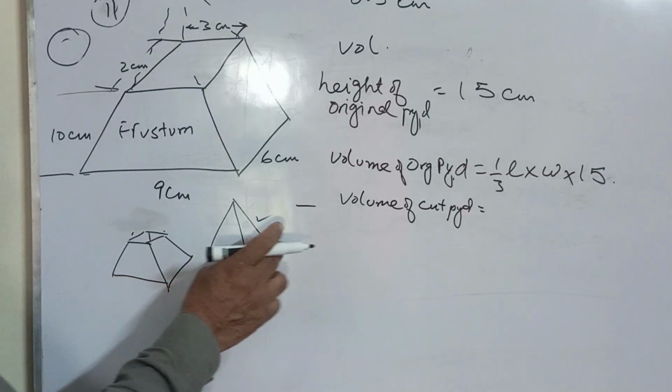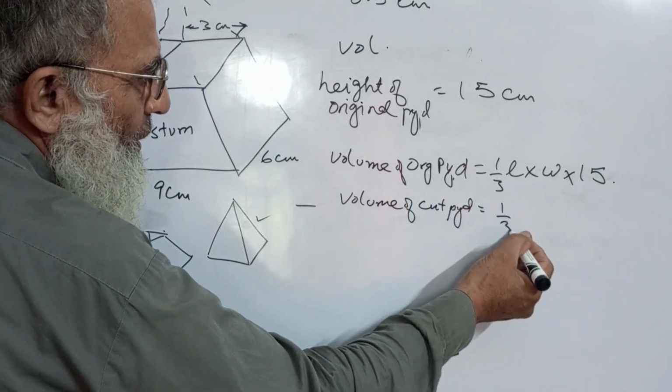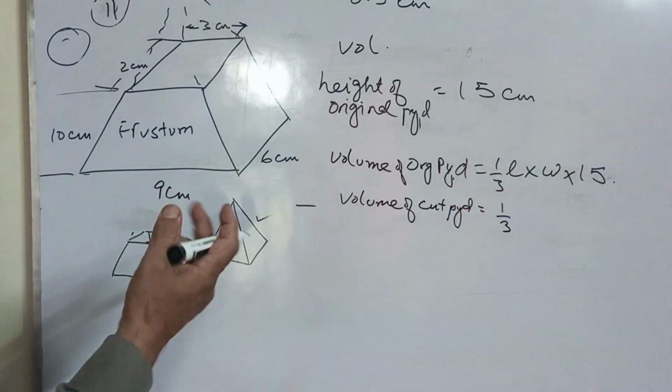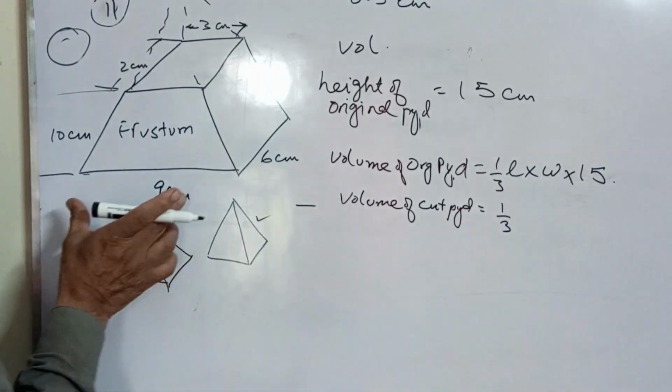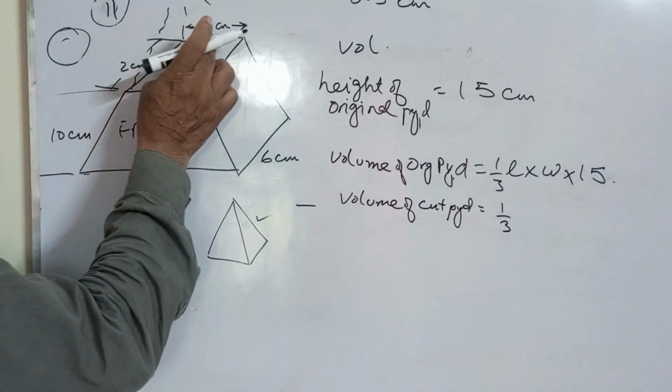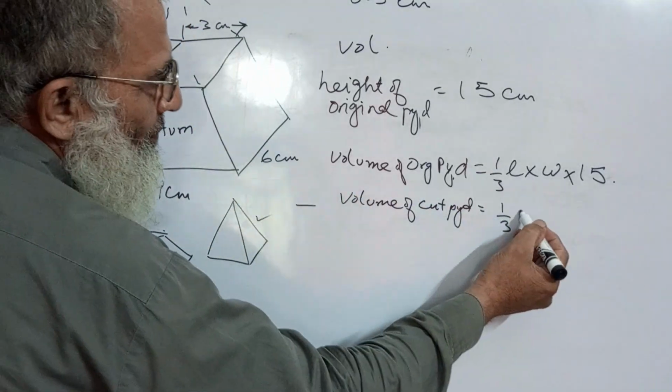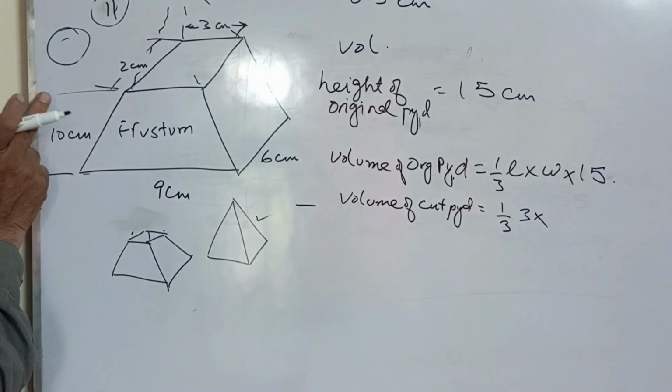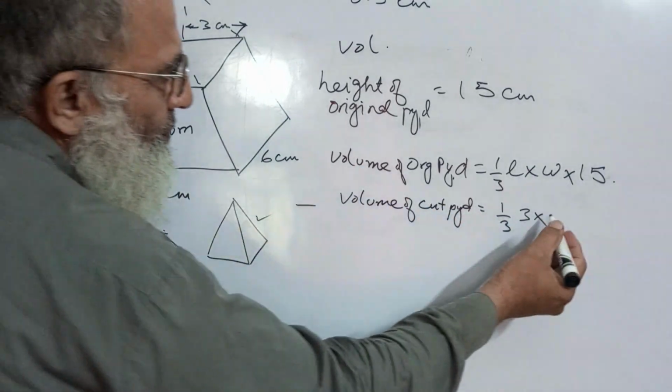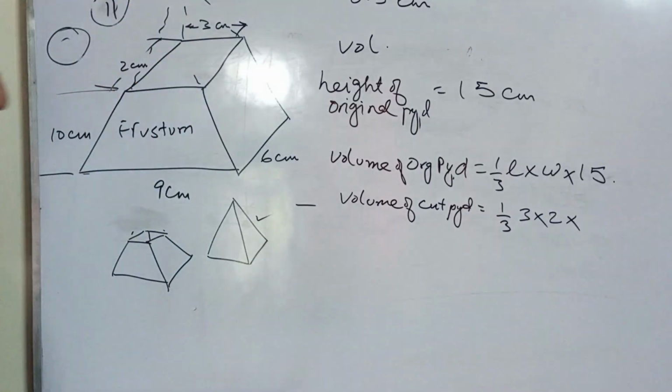Now what is its L, W, H? The formula for the volume is the same. L here has been decreased. L here is 3. W is 2. Okay.